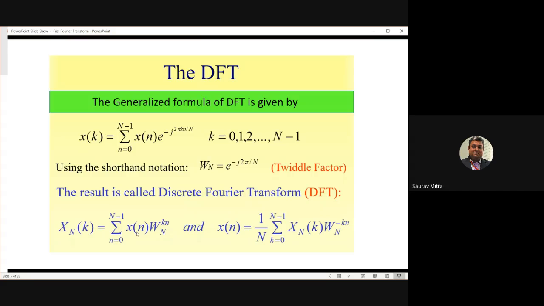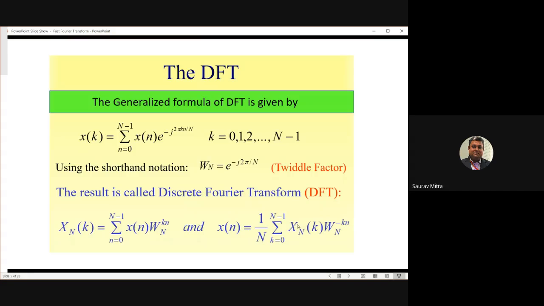For the inverse, the frequency domain discrete sequence is given. From there I'll be doing IDFT, and I'll again get the time domain discrete sequence. So the first formula is called forward DFT, from small xn to capital Xk. The second formula is the inverse DFT, from capital Xk to small xn.